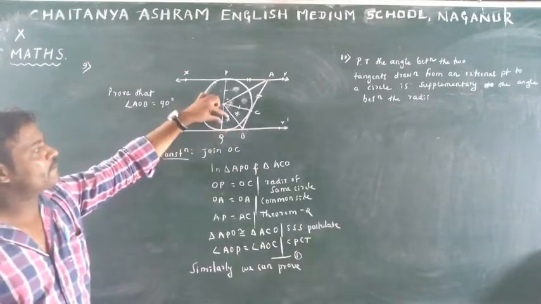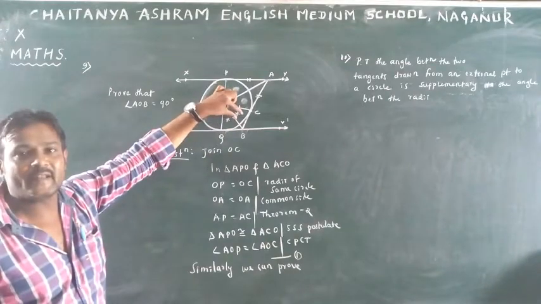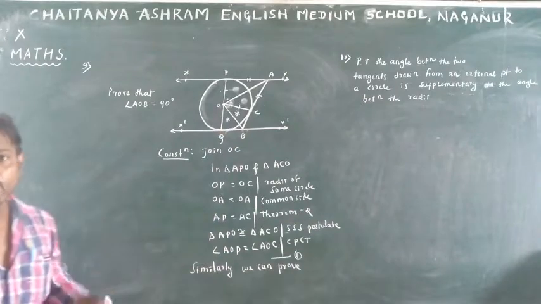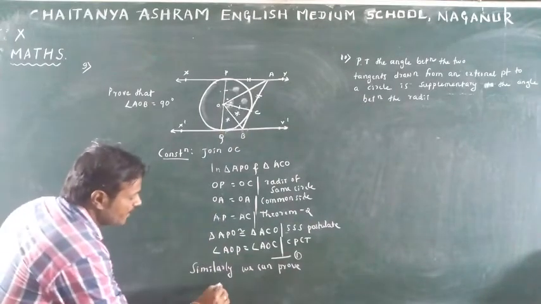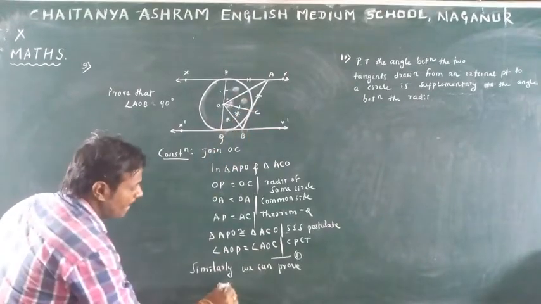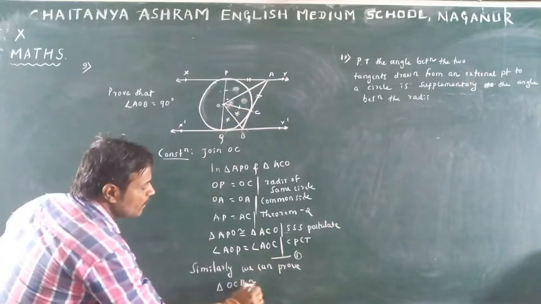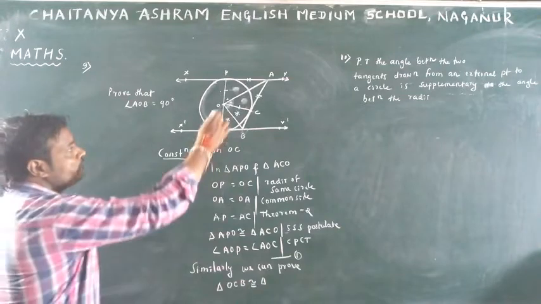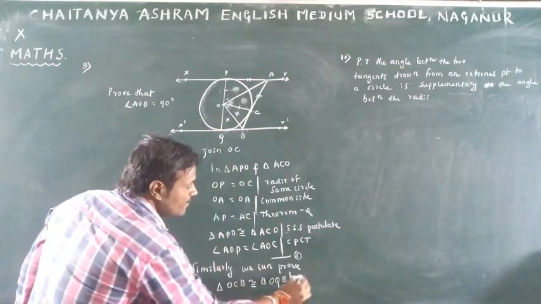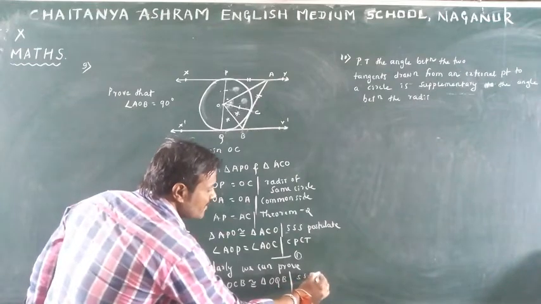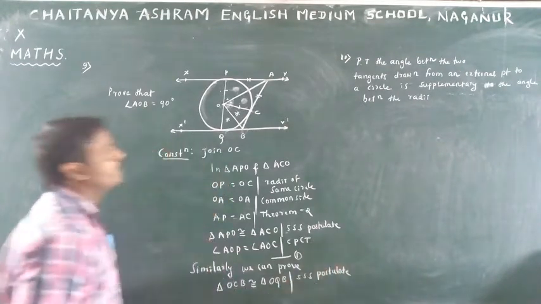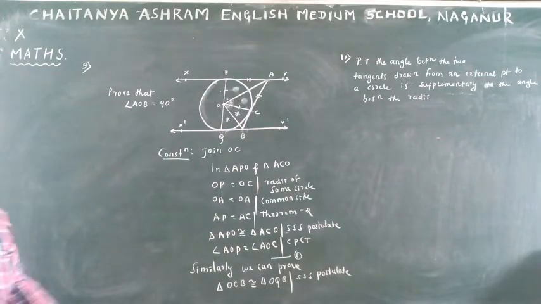So the three sides of this triangle are equal to the three sides of this triangle. So by SSS, triangle OCB is congruent to triangle OQB. Reason: they follow the SSS congruency postulate.